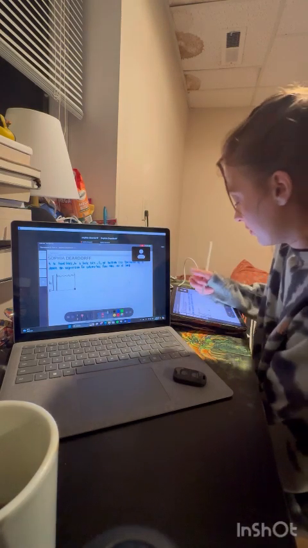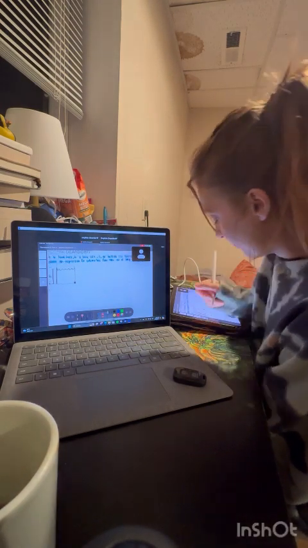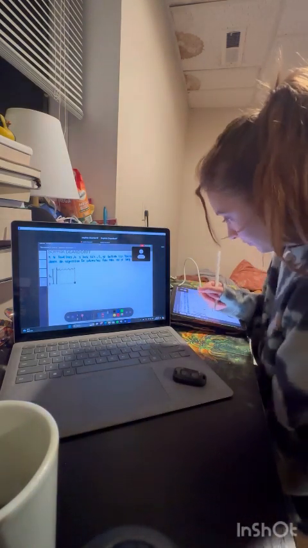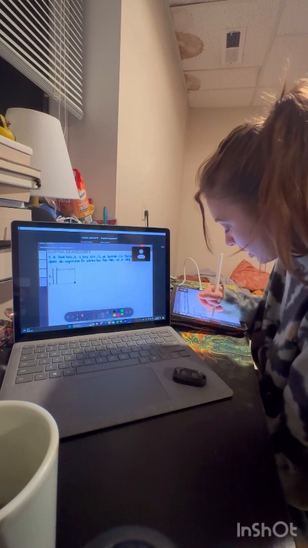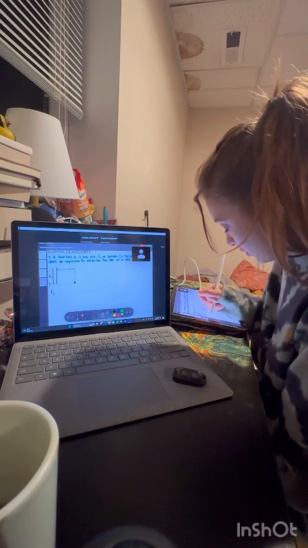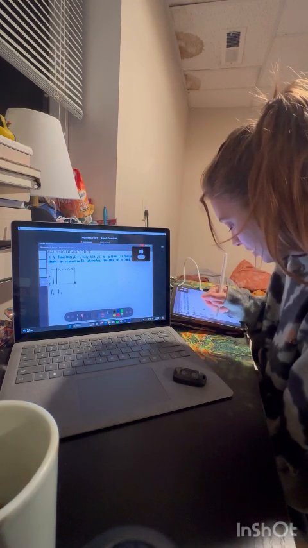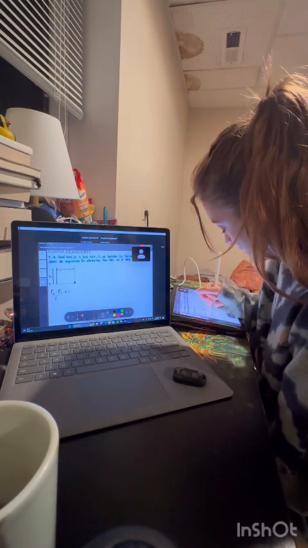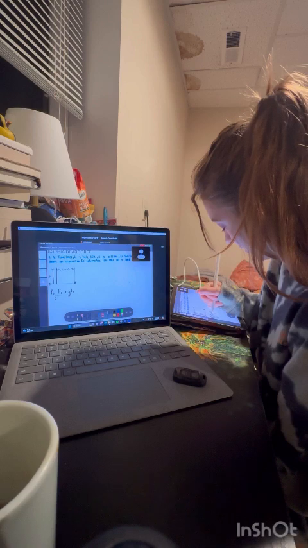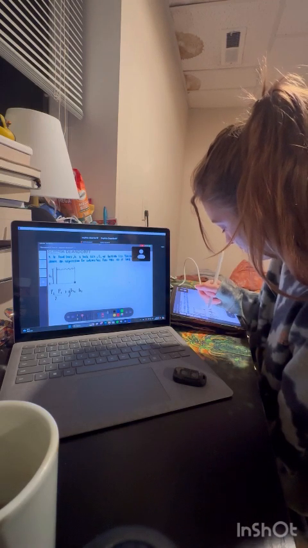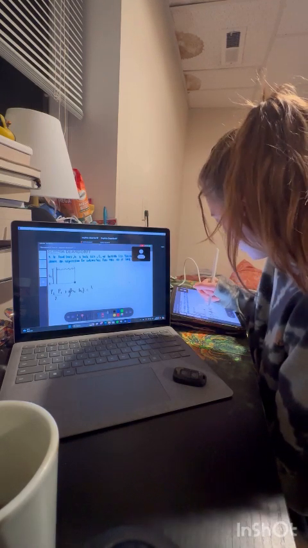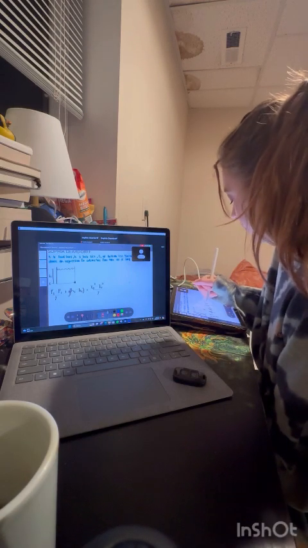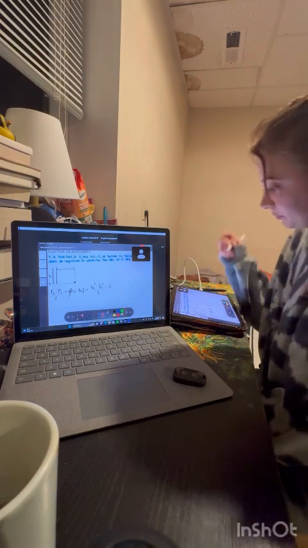From here we'll start by writing the Bernoulli equation. Bernoulli's equation, we know, is P2 minus P1 divided by 2 plus gravity times H2 minus H1 plus V2 squared minus V1 squared divided by 2 equals 0.